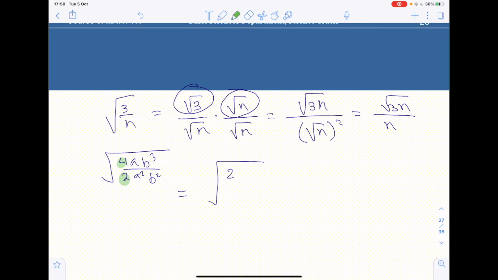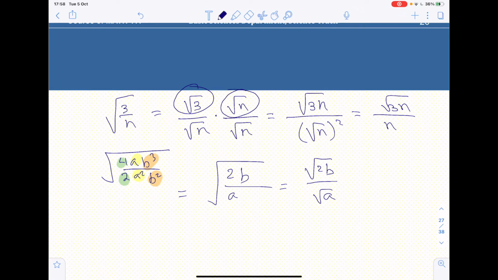And then we have also here a over a squared, which is a in the denominator. And the last one is b to the power 3 with b to the power 2 is b, but up in the numerator. Okay, so now I have the square root of 2b over a, which is the square root of 2b over the square root of a.